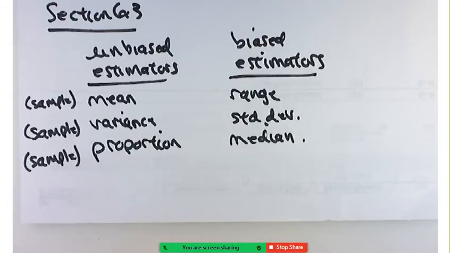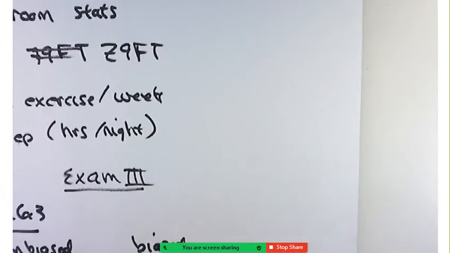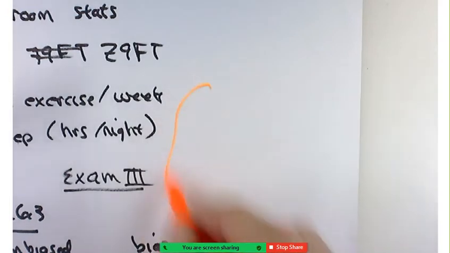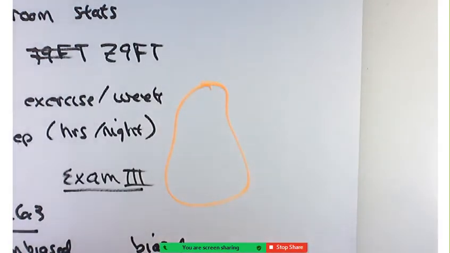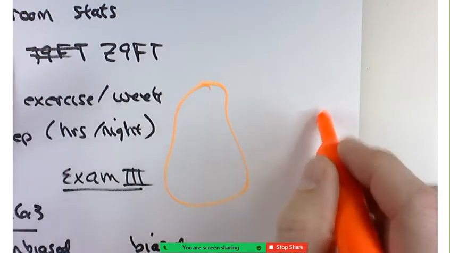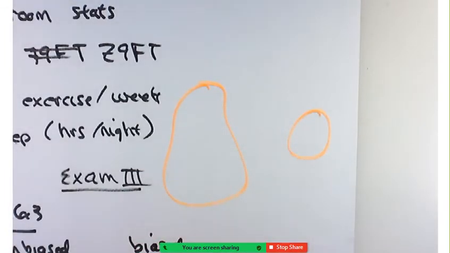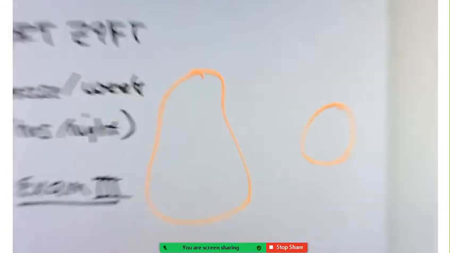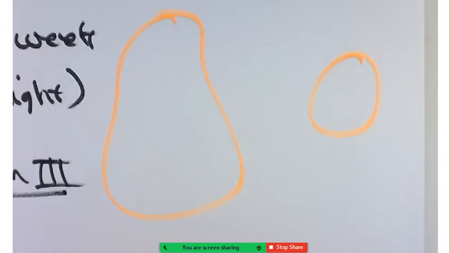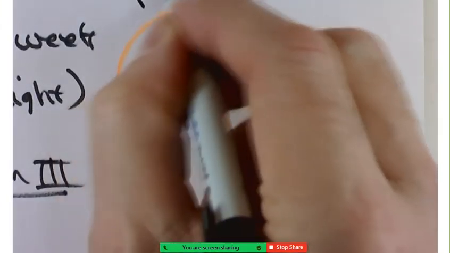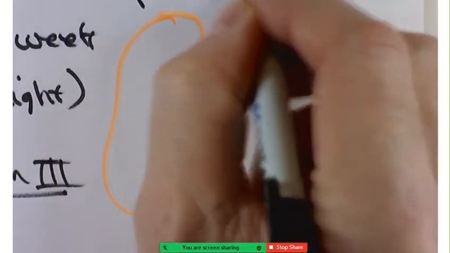So what's going on here is that you've got a population and a sample. Here's our population, and from that we're going to draw a little sample. So this is our population. This is our sample.